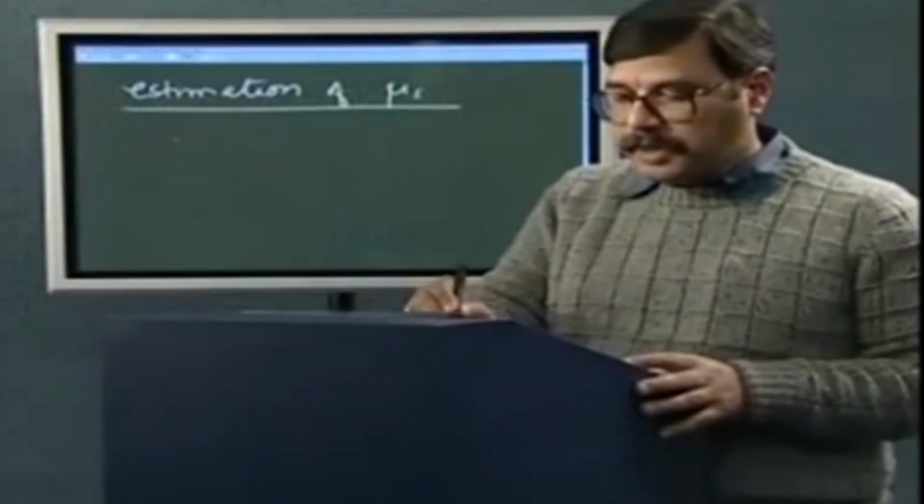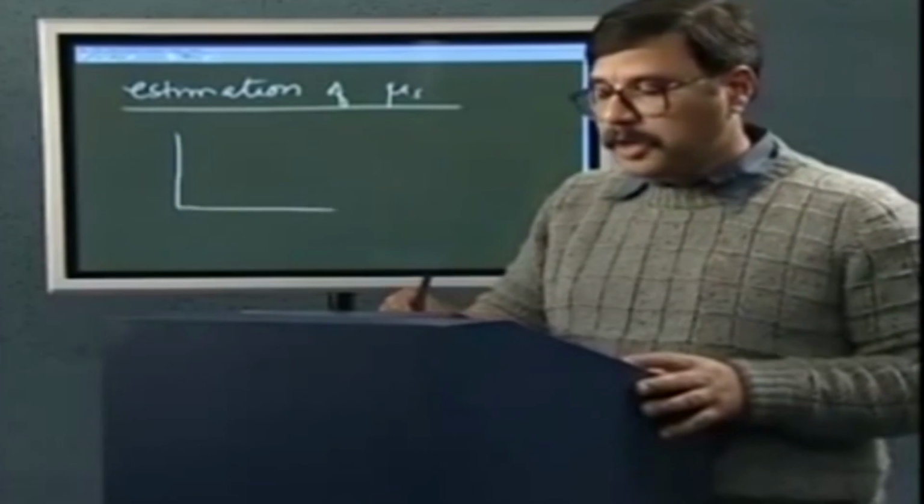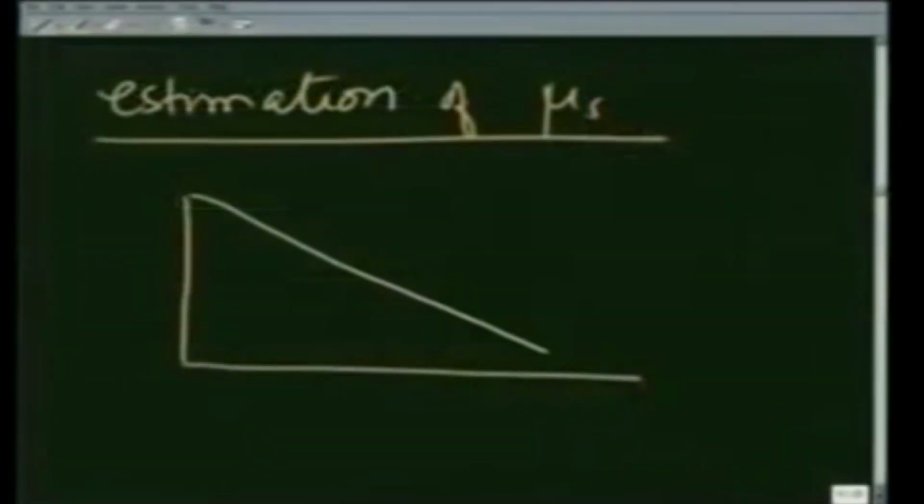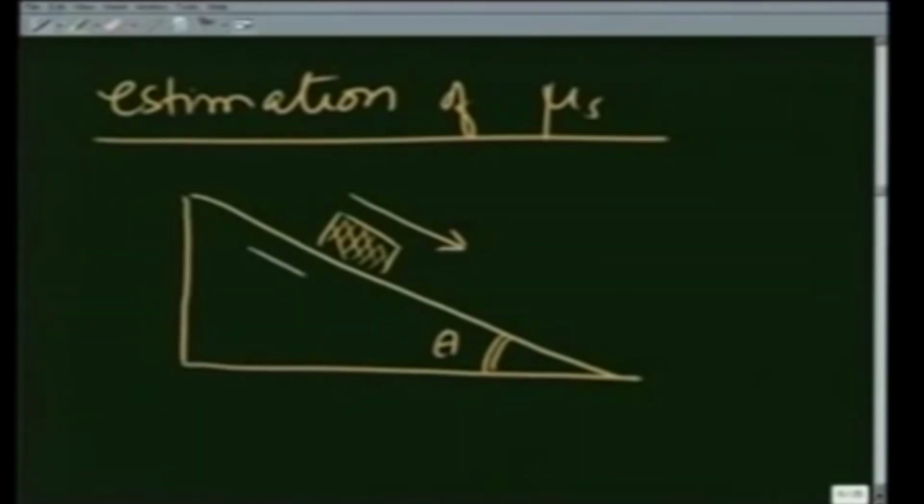This can be easily done if I consider the motion of a block on a ramp or an inclined plane of angle theta. Since without friction the body has a tendency to move this way, there will be a frictional force trying to stop it this way.